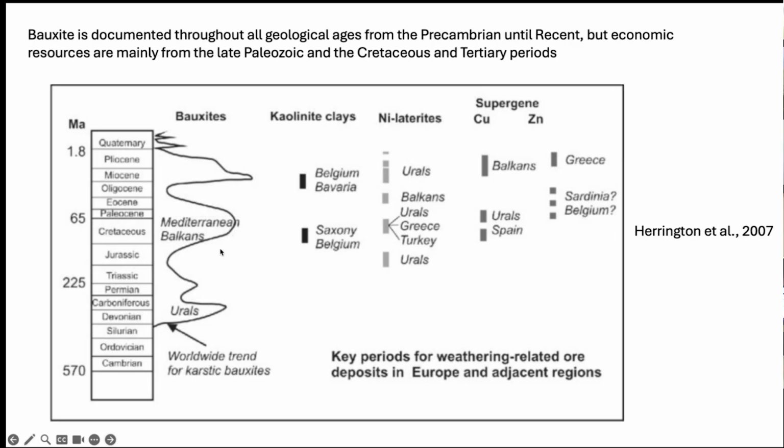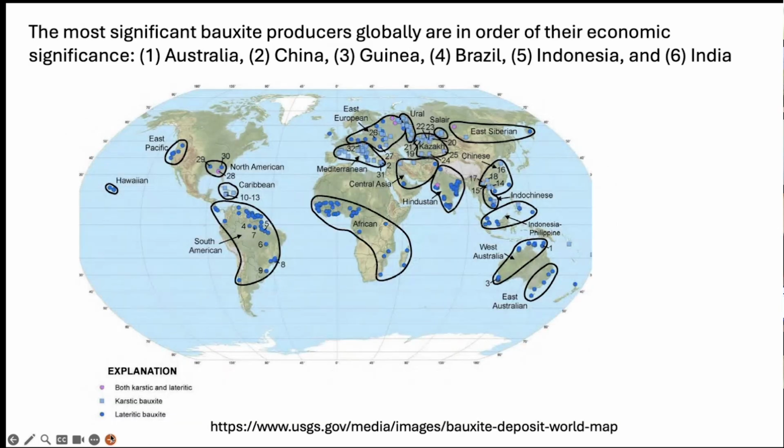They're in the Urals, the Mediterranean, different places. The most significant bauxite producers globally are, in order of their economic significance: Australia is number one, China is number two, Guinea is number three, Brazil is number four, Indonesia, and India.